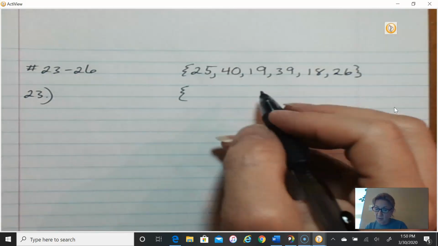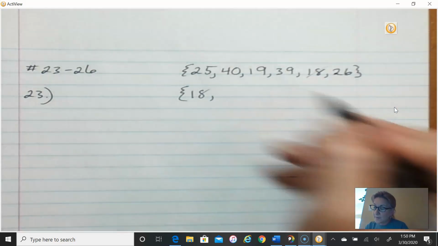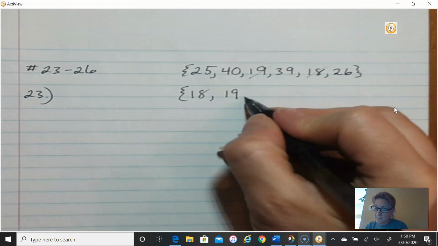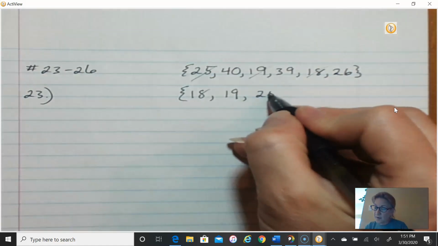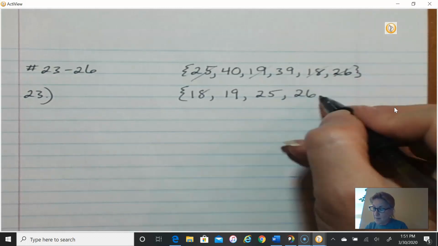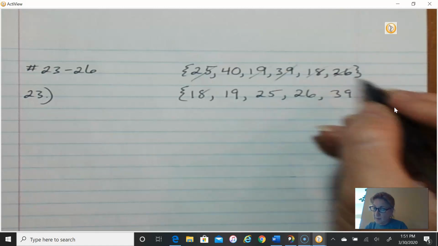So what is the smallest number up here? 18. Cross it out. Next one is 19. Cross it out. The next one is 25. Cross it out. Then 26, 39, and 40.